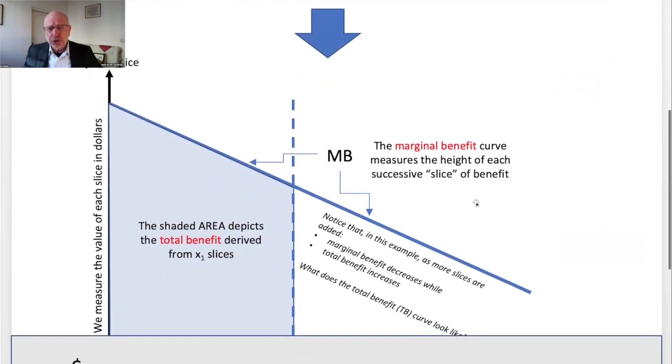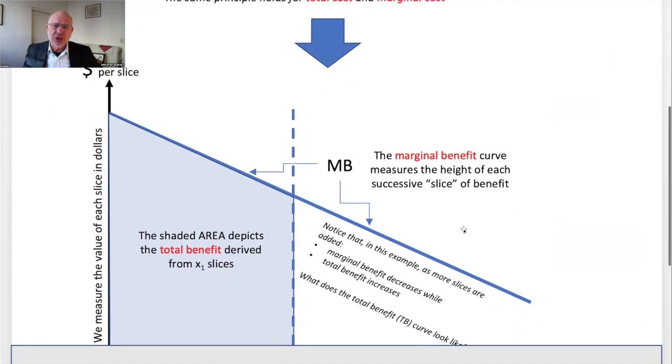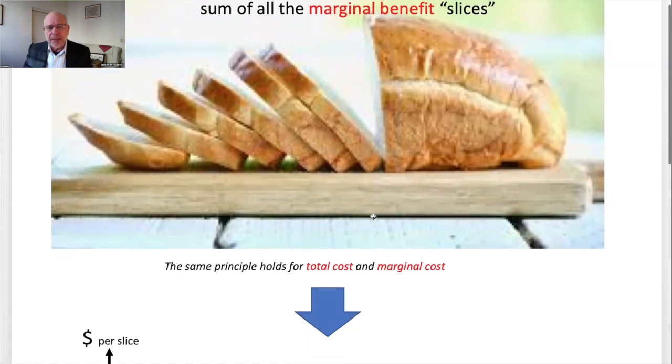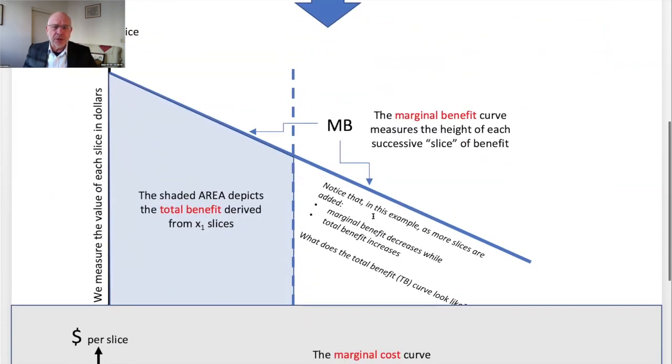Declining marginal benefit means that as we get additional slices, well, yes, we're still hungry, but not quite as hungry as I was. So the benefit of having one more is not quite as much as it was previously. That's the basic idea of diminishing returns.